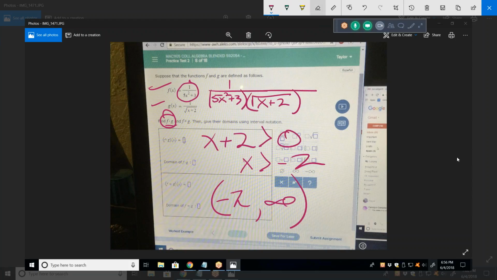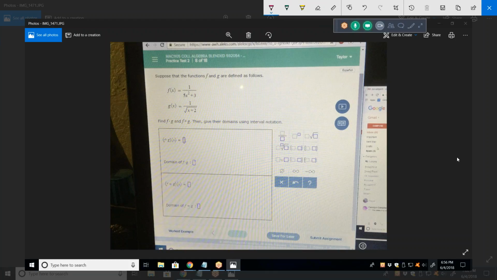Okay, so f plus g: 1 over 5x squared plus 3, and then plus 1 over square root of x plus 2.